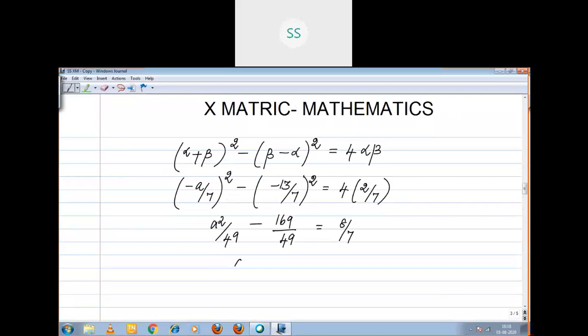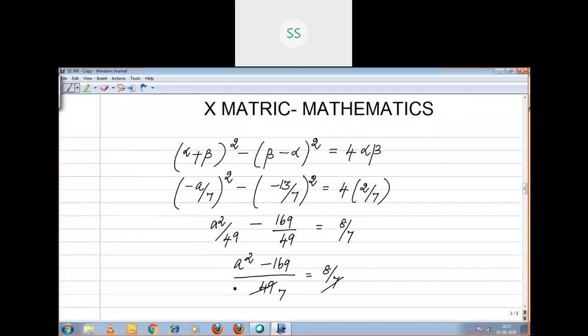A square minus 169 divided by 49 equal to 8 by 7. 7 ones are 7, 7 sevens are 49, right children? You got what I said? You know the value of alpha plus beta and beta minus alpha is given. Using that we are framing one equation.